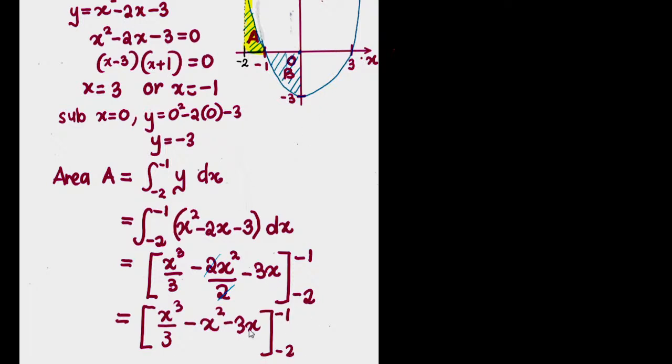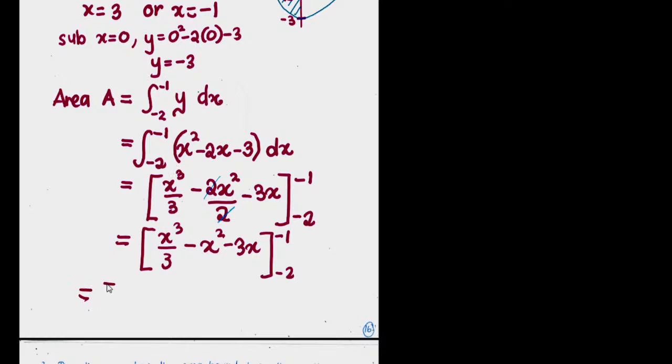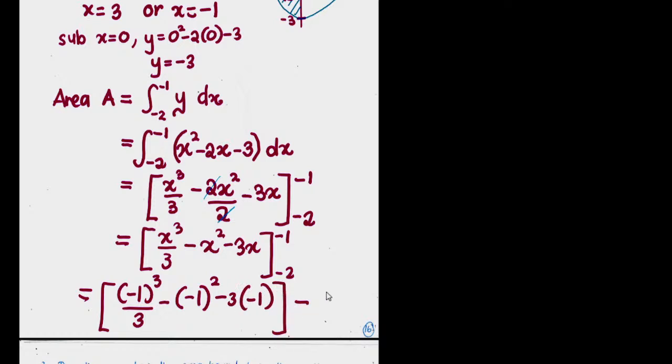Then you can substitute the values. All right, so let's substitute. You all can quickly just key in the calculator also. So this is going to be negative 1 power 3 over 3 minus negative 1 power 2 minus 3 times negative 1. Then minus, substitute the values of negative 2.